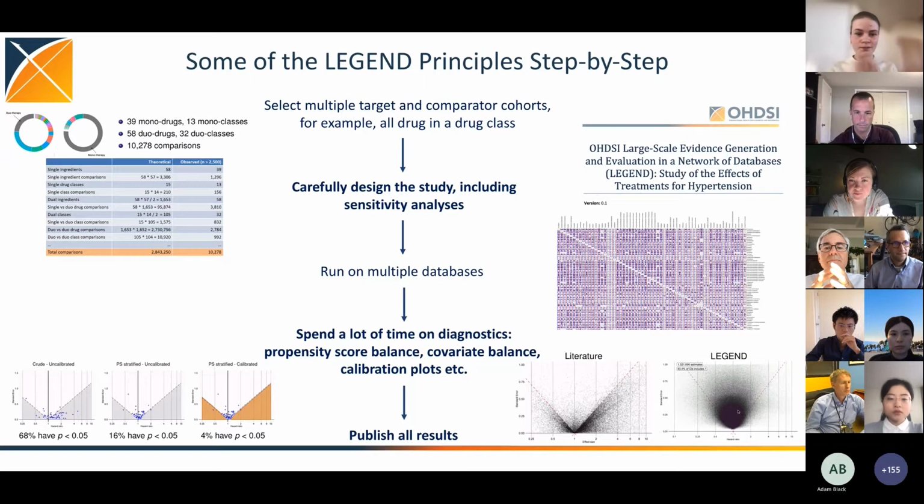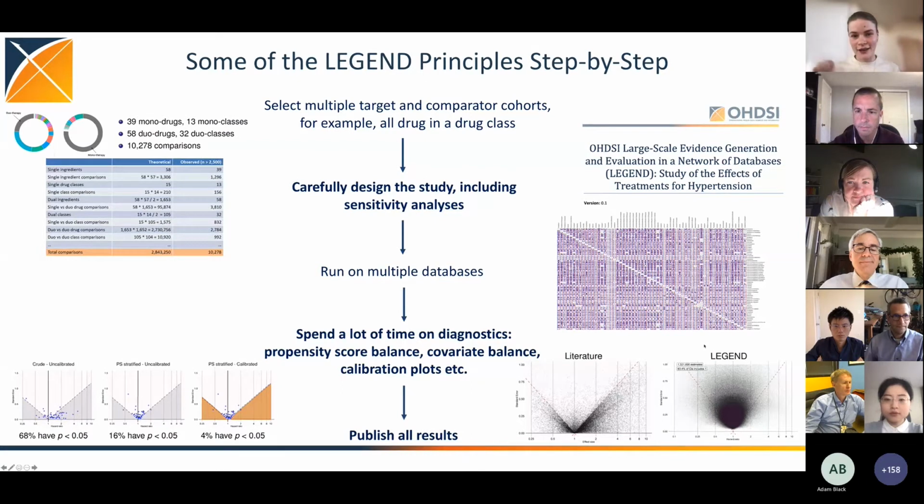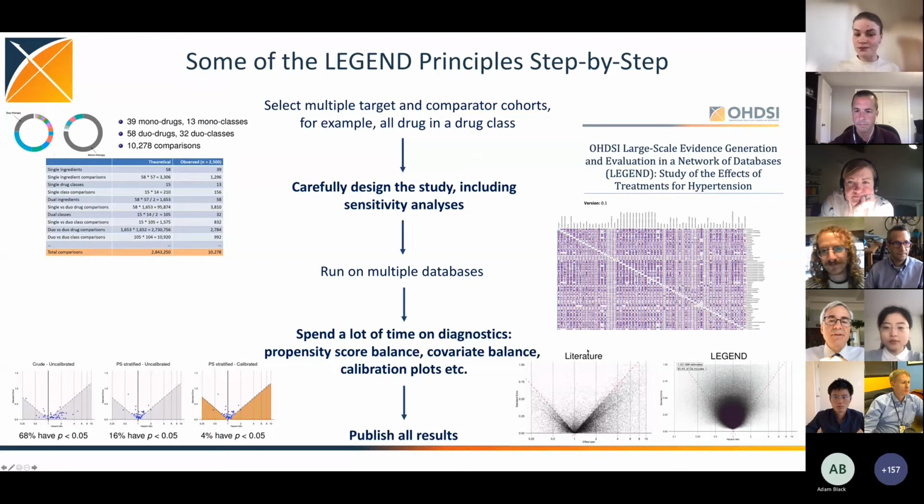To make your analysis robust, and after that, when you run this analysis, similar to what we do in LEGEND, you really want to spend a lot of time on diagnostics. You want to examine your propensity score. You want to check the covariate balance. You want to make sure that you account for the systematic error by examining your calibration plots.